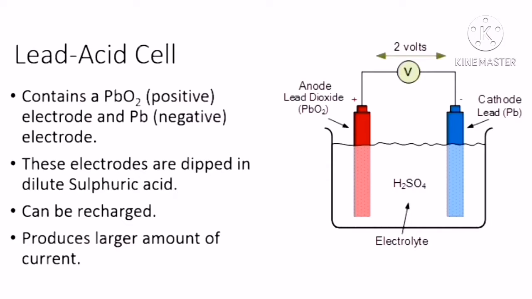The blue electrode is the negative terminal, also called cathode. Lead is the symbol Pb. I hope you are clear on these two electrodes. These electrodes are dipped in dilute sulfuric acid, and very importantly, this electrolyte can produce a larger amount of current.